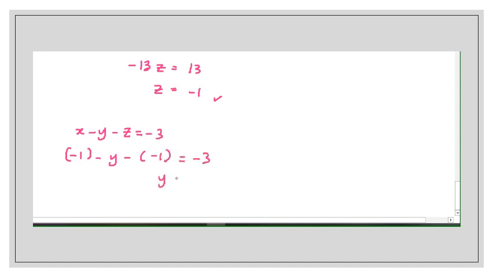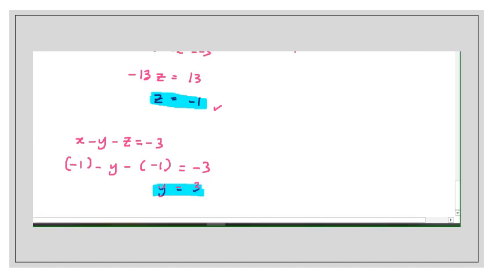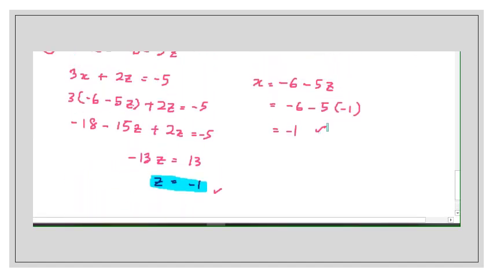Your y value will be y equal to 3. So finish your answer: z equal to negative 1, y equal to 3, and x equal to negative 1.